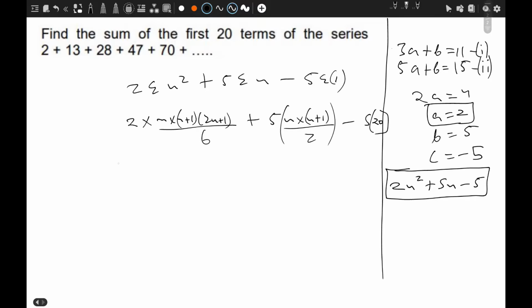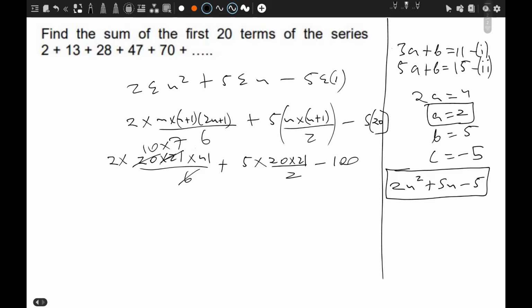So this is 2 into 20 into 21 into 41 by 6 plus 5 into 20 into 21 by 2 minus 100. This becomes 10 into 7 into 41 plus 5 into 10 into 21 minus 100.